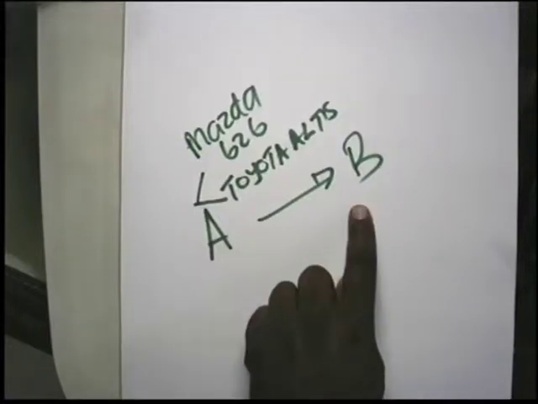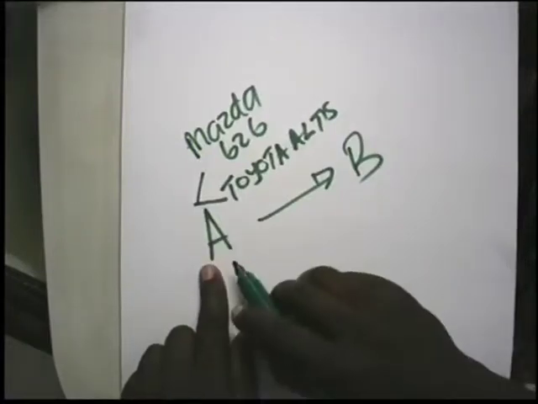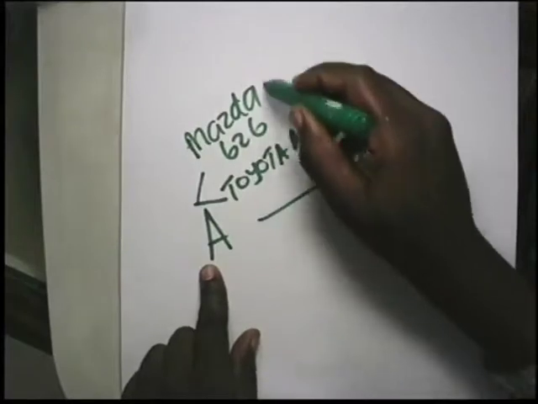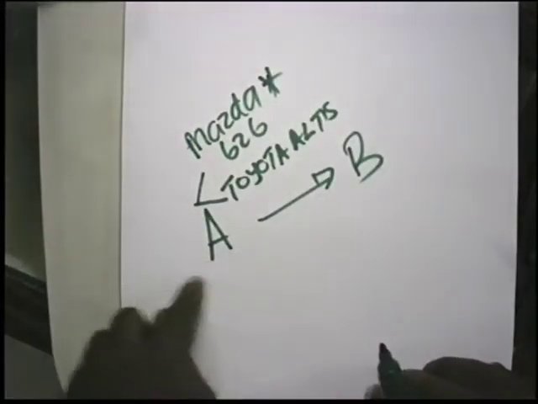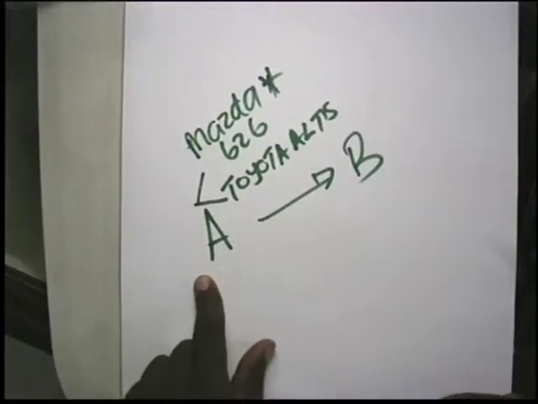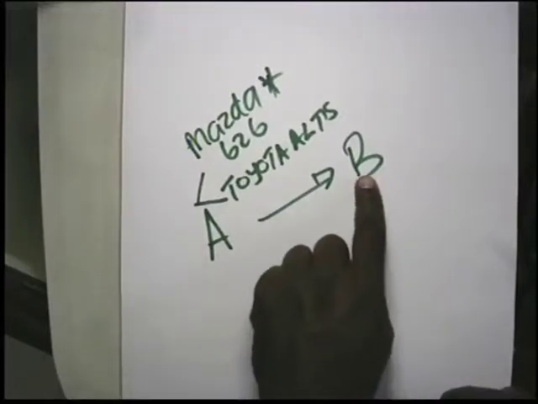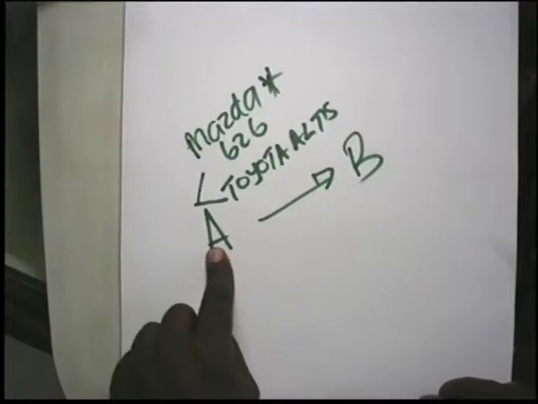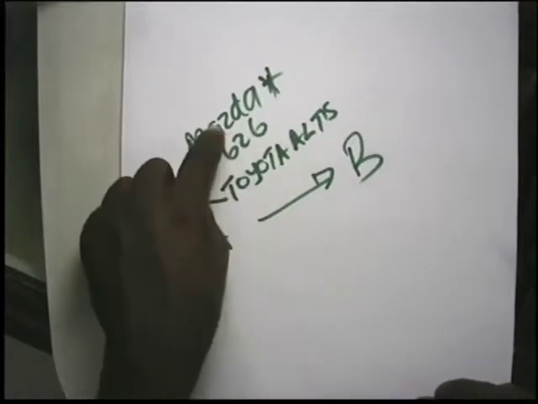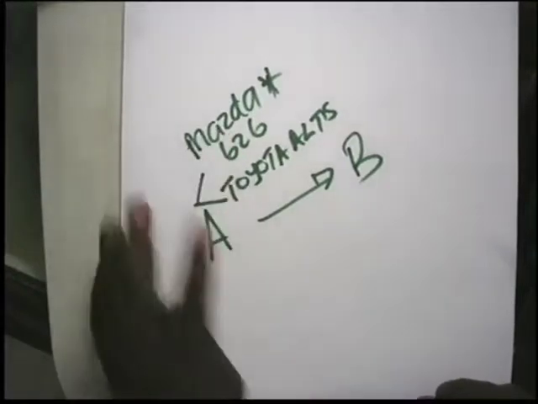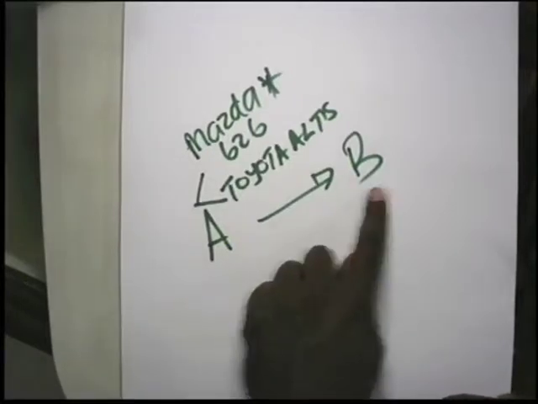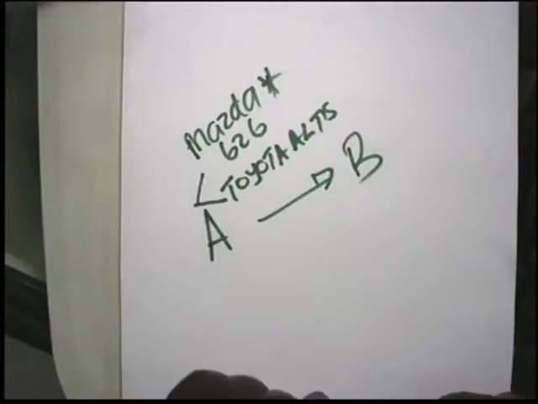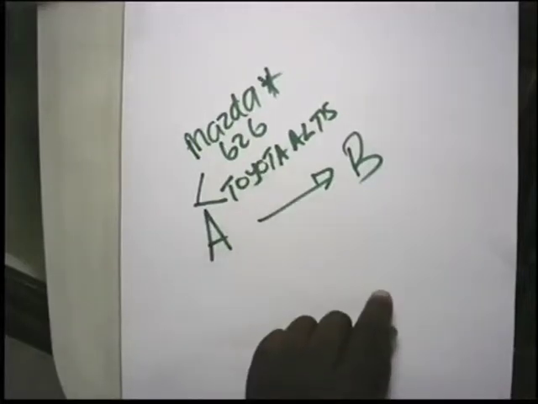So B always sees A driving this car, the Mazda 626. B thinks A only has one car. But unknown to B, A has two cars, a Mazda and a Toyota. But the color is the same. So all along, B thinks that A only has one car, a Mazda 626.